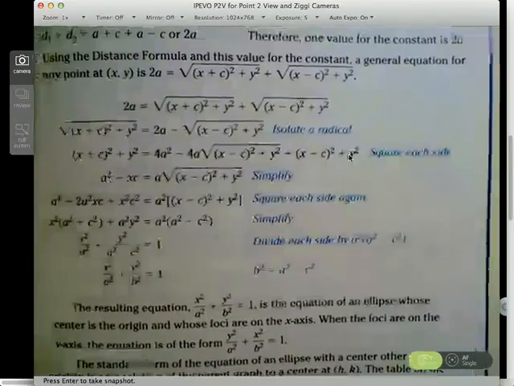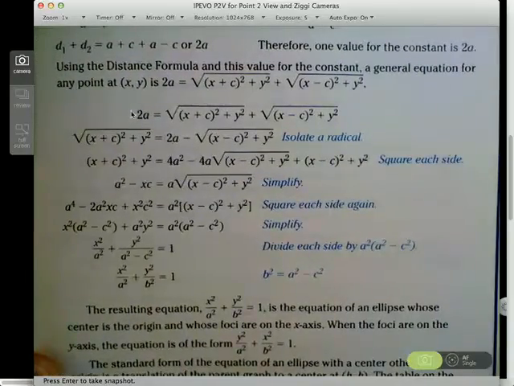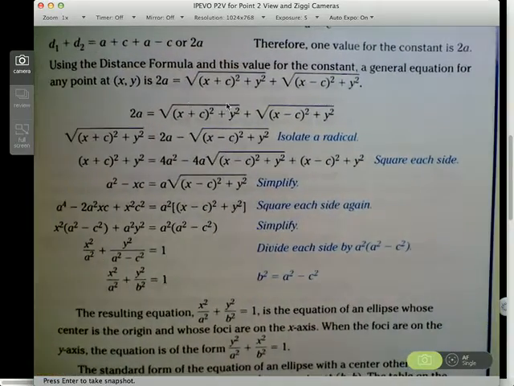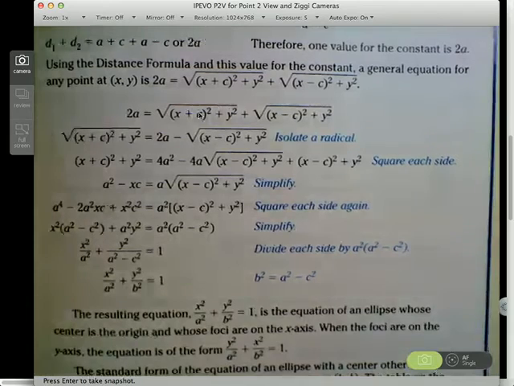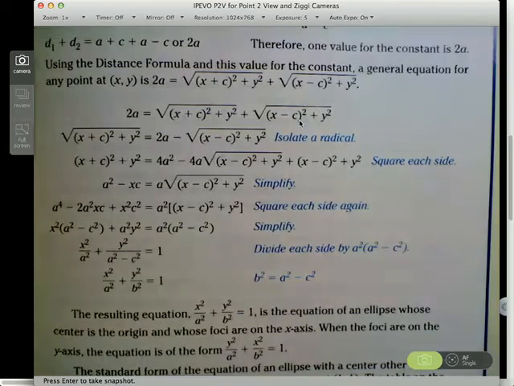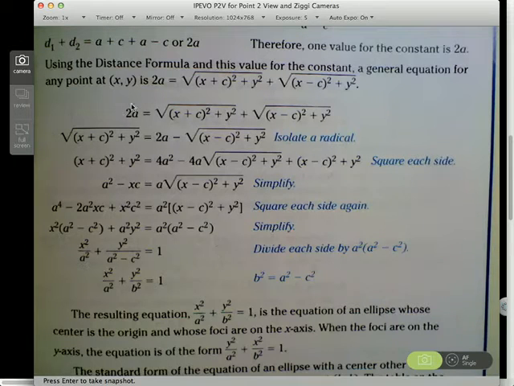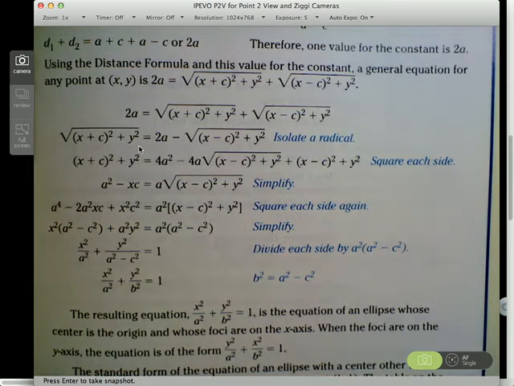So basically what they say is that the distance from F1 and the distance from F2 add together to be a set distance the whole time, which happens to be the length of the major axis. So they end up manipulating some of this stuff.